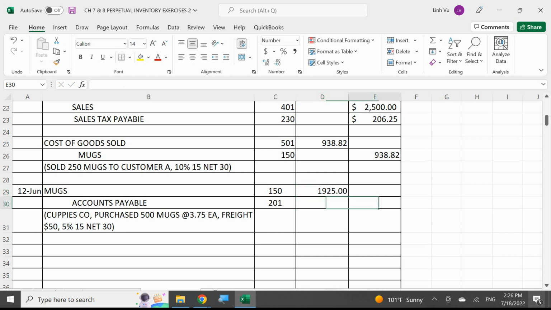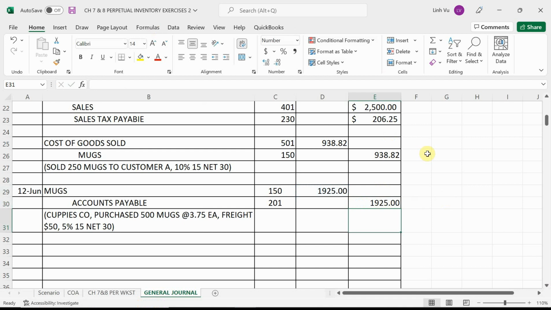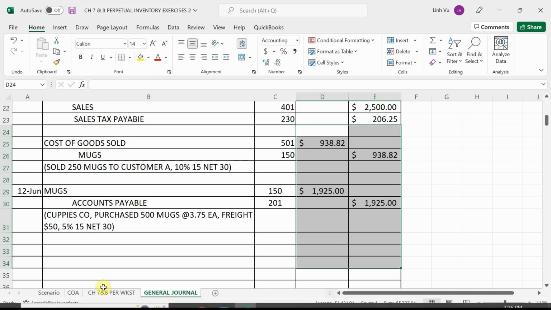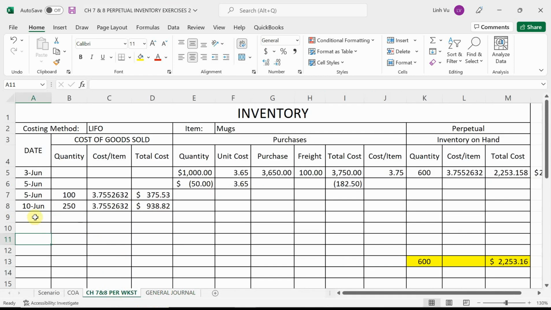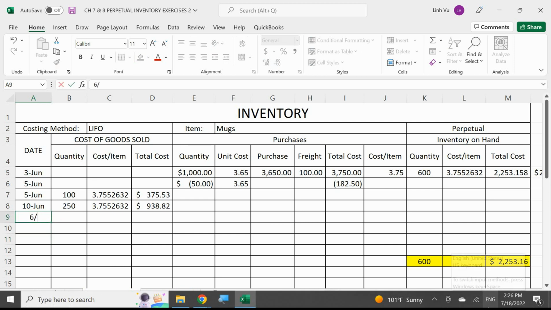It's $1,925. $1,925. Good. So let's plug it into my inventory worksheet because now I'm done with my journal. So it is June 12th, and we end up purchasing 500 units at $3.75 each with a freight of $50.